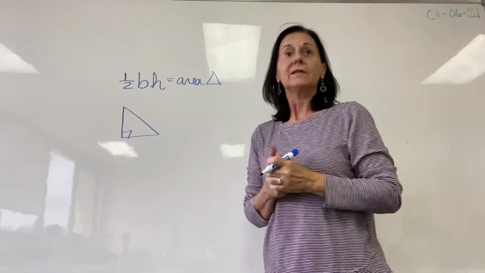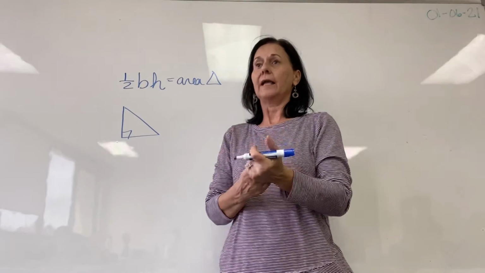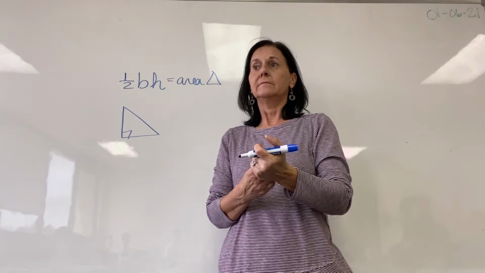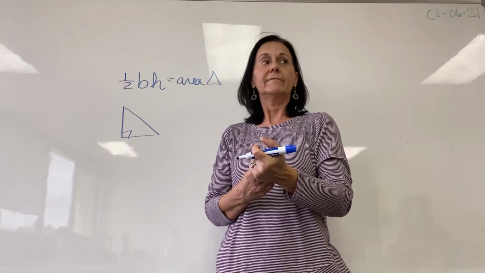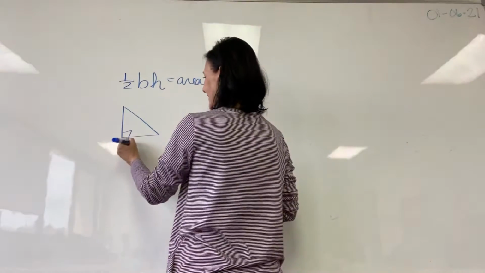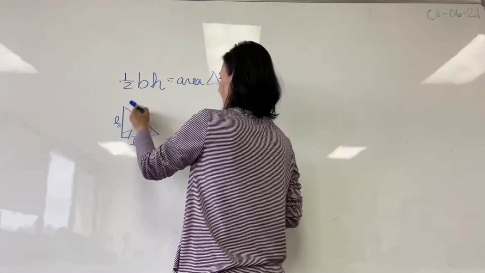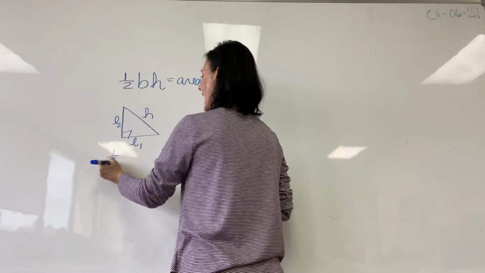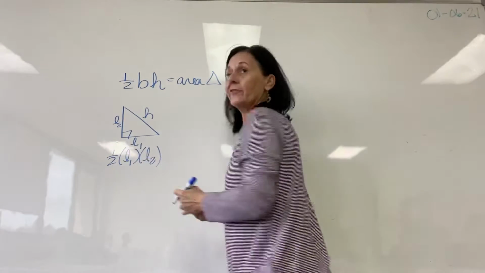With a right triangle, what is my base and what is my height? Will? The legs. That's right. So we have two legs and a hypotenuse. So it's 1/2 times one leg times the other leg.